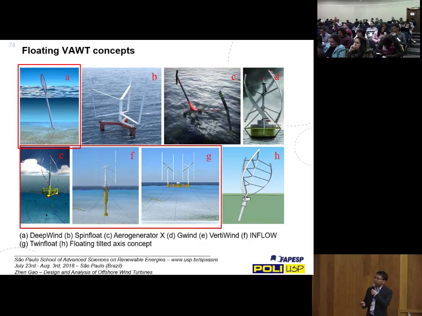There was a study on the so-called DeepWind, and this is a quite unique turbine. It's a vertical axis wind turbine, but the floater actually also rotates. Not only the tower, the floater actually rotates, and the generator is put on the bottom of the floater. And then there are other types of proposals of different vertical axis wind turbines, and they are just at the conceptual level.